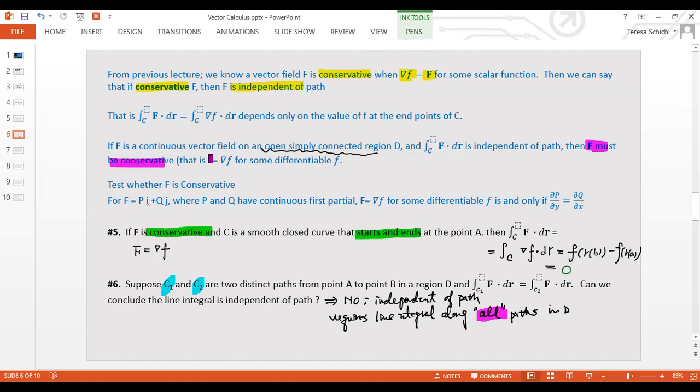So that means you have to be able to find the function whose gradient will be these vectors here. So basically you combine these two, and we can do it if and only if. So F is conservative if and only if it is independent of the path.